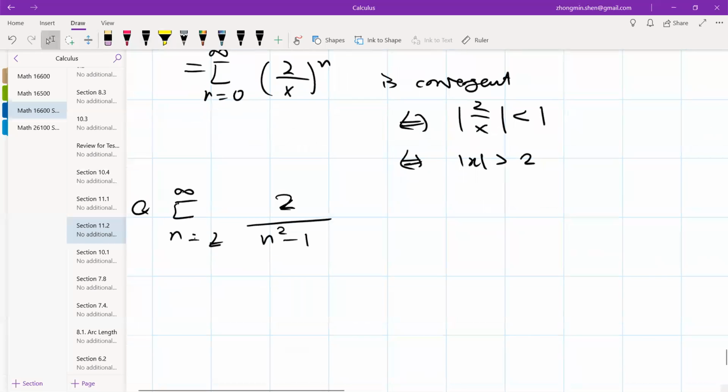This is a difficult problem. Question: determine whether this series is convergent. If it is convergent, can you find the sum? Find the limit.